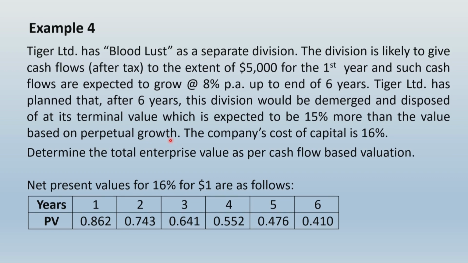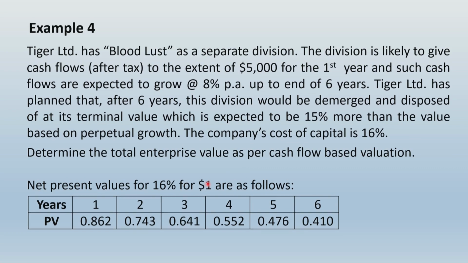This is something important. Whatever value you arrive as terminal value at end of 6th year, the real terminal value will be 15% more than that value. So what you calculate initially will be as per the perpetual growth. You add a separate 15% to that to arrive at the expected terminal value, and then mention that the company's cost of capital is 16%.